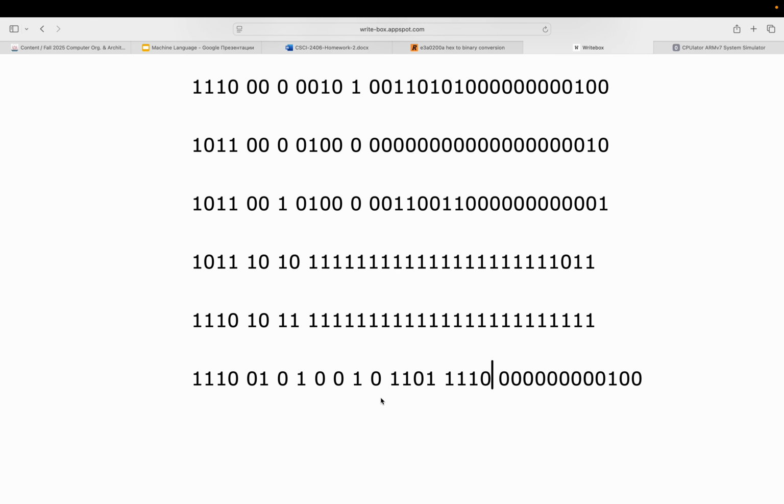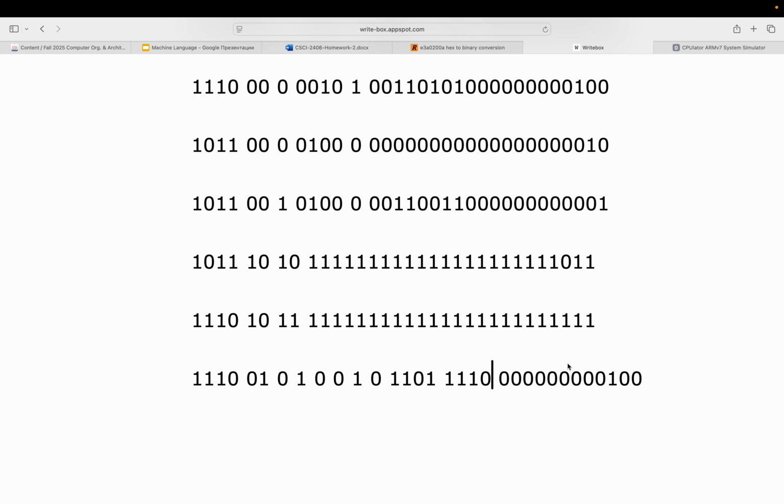Then 1 basically represents pre-indexing, and the L bit condition basically means storing, and U means subtract from base. Then Rn is equal to R13, which is the stack pointer, and Rd is R14, and the source is R3.